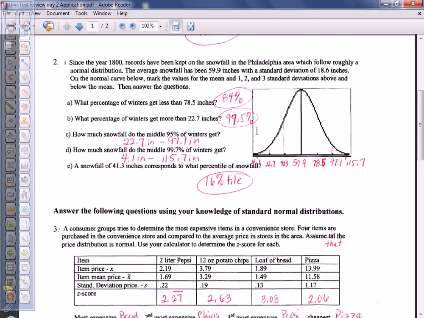So check your work on number 2 and see if anybody has any questions. Good? Okay, if your answers are close, but they're not right on the money, that probably means you used these scores, which are actually more accurate, right? But because the directions said use the empirical rule, then we should have the same.